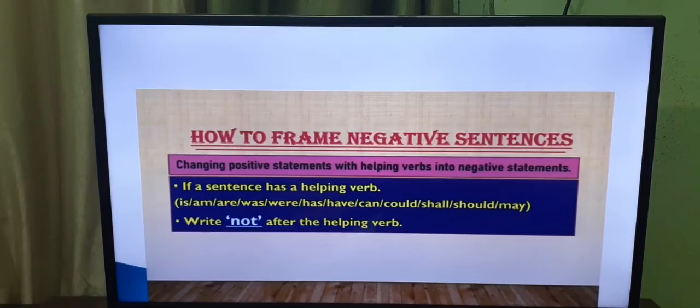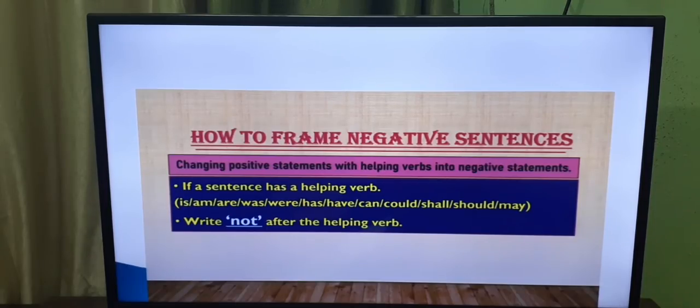For example, is, am, are, was, were, has, have, can, could, shall, should, may, might, all these are helping verbs. And there are many more.